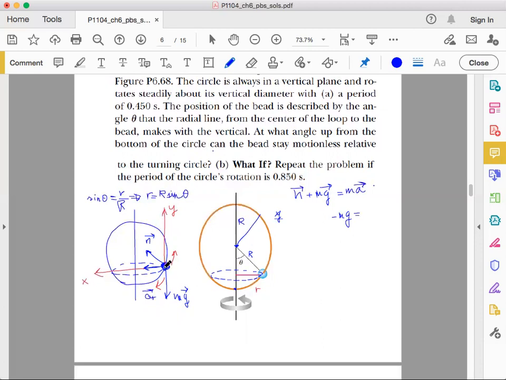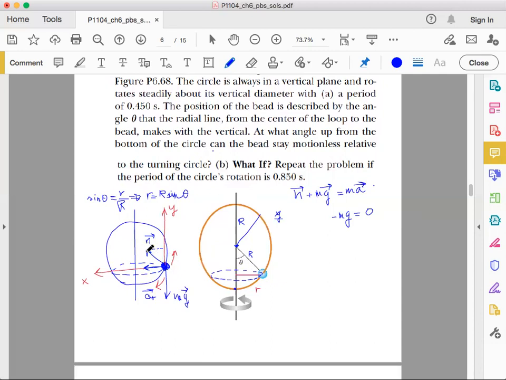Along the y-axis, there is no motion. The bead is not moving up or down, so this is why it has a 0 for the acceleration term. The only thing is that we need to make the projection of this normal onto the y-axis.